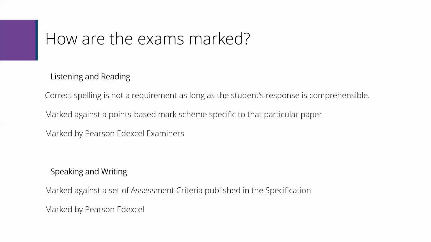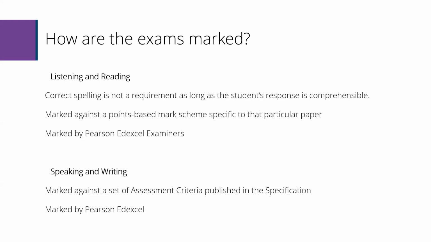Now, the reading and listening papers are marked against a points-based mark scheme specific to that particular paper. What that means is that on the mark scheme, there will be a correct answer that is acceptable to examiners, and each correct answer effectively gets one mark.